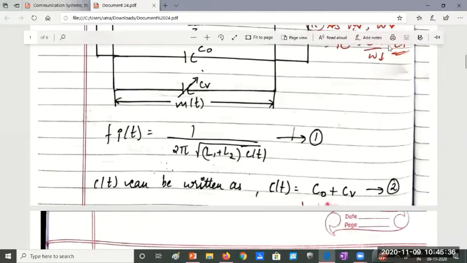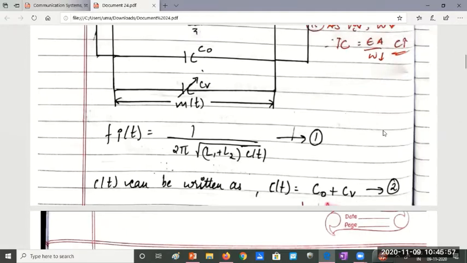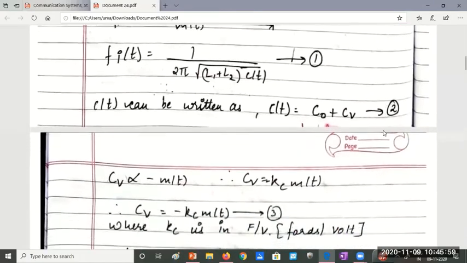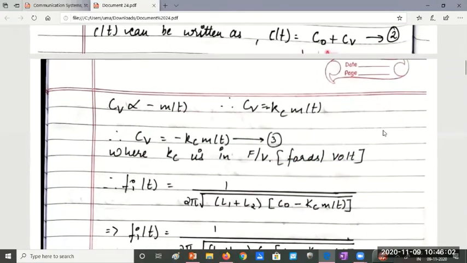Whenever resistors are in series, the effective resistance will be the sum of the resistors, whereas whenever capacitors are in parallel, the effective capacitance C of t is the sum of the two capacitors. So C of t is equal to C naught plus CV. Now let's try to simplify this. This variable capacitance in a varactor is proportional to the reverse biased message voltage.